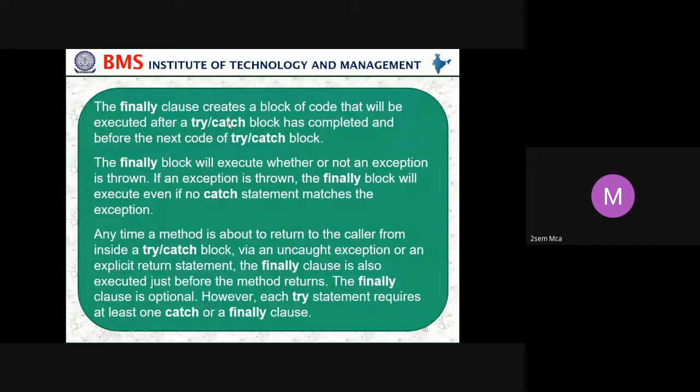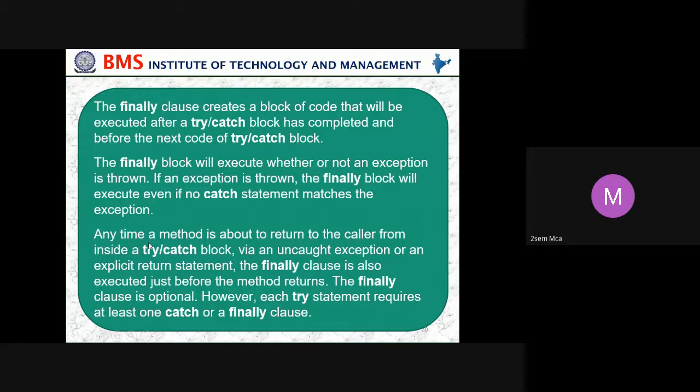The finally clause creates a block of code that will be executed after a try catch block has completed and before the next code after the try catch block. The finally block will execute whether or not an exception is thrown. If an exception is thrown, the finally block will execute even if no catch statement matches the exception.